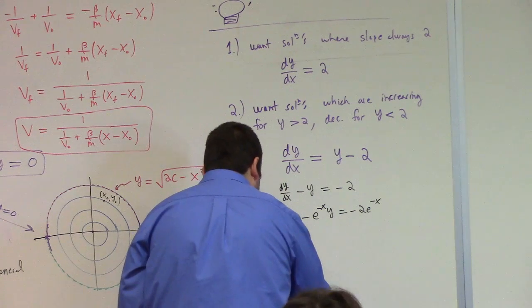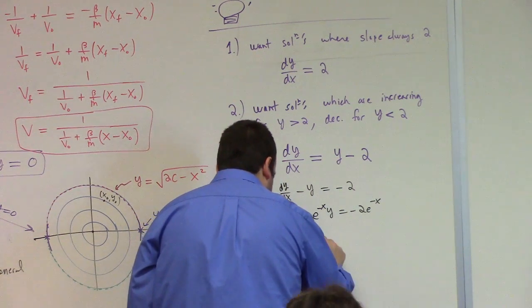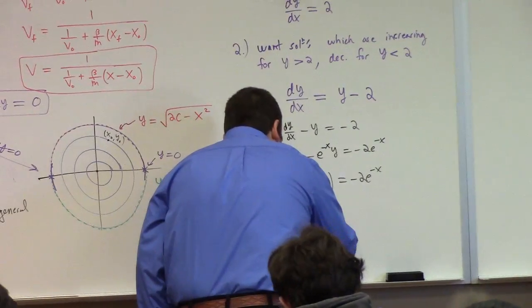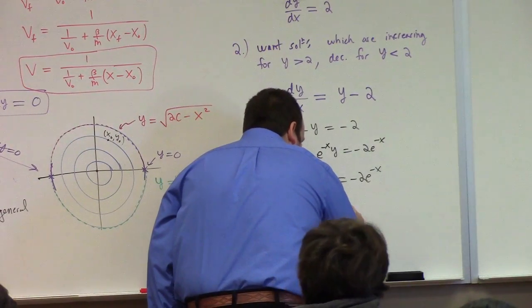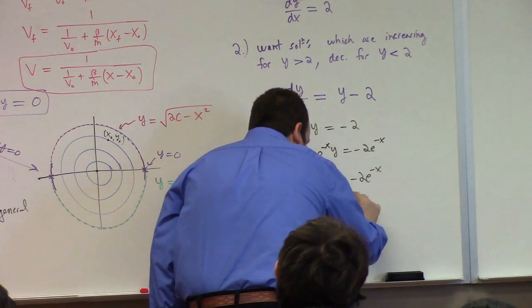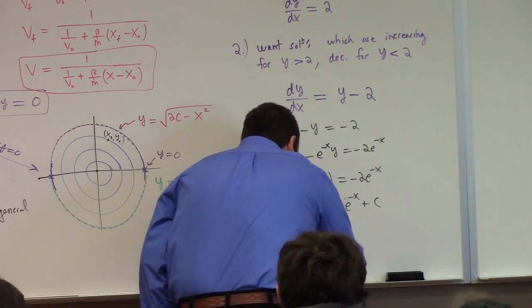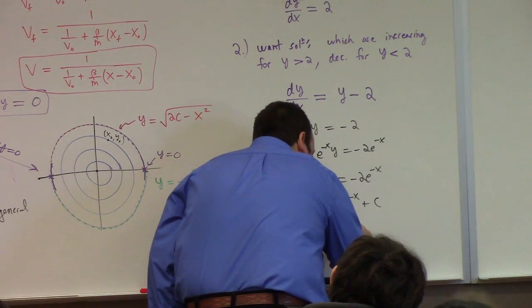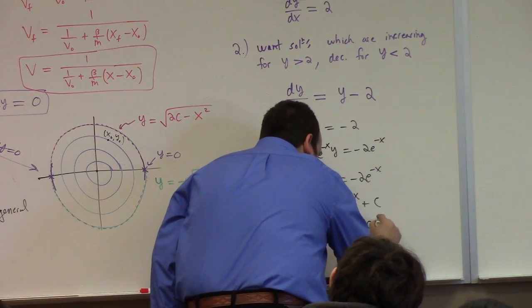So you see that's d/dx of e to the minus x times y is equal to minus 2 e to the minus x. Lo and behold, we get e to the minus x times y is equal to plus 2 e to the minus x plus a constant. Solution, y of x equals 2 plus c e to the minus x.